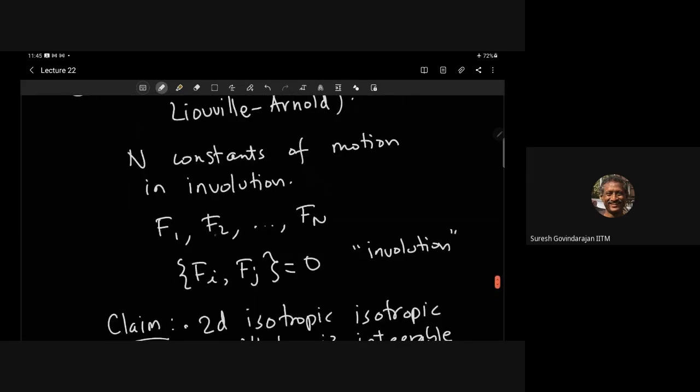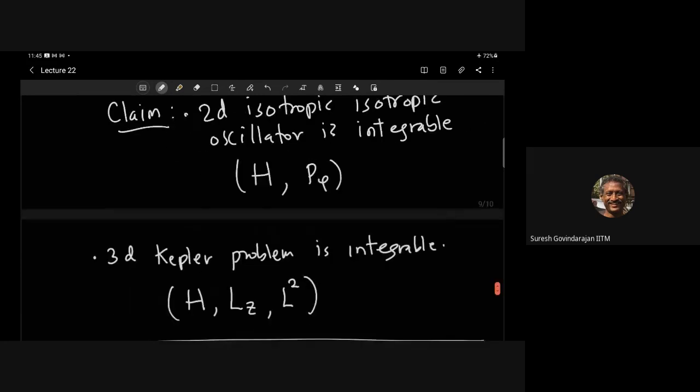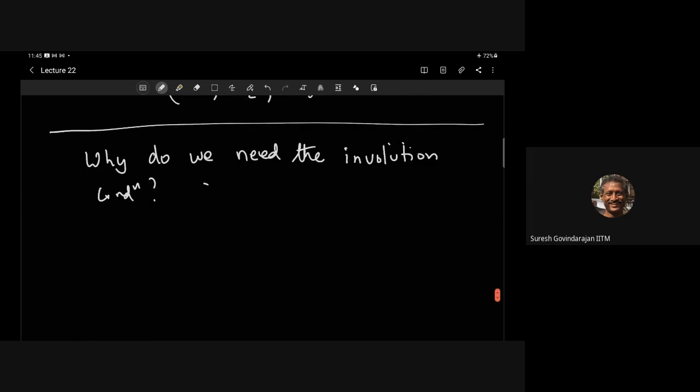What I want to say here is that these n constants of motion can be the action variables suitably, or some functions of them. You can make them action variables. So if a system is integrable, you can always find action angle variables. Okay, that's the mantra. So why do we need the involution condition?